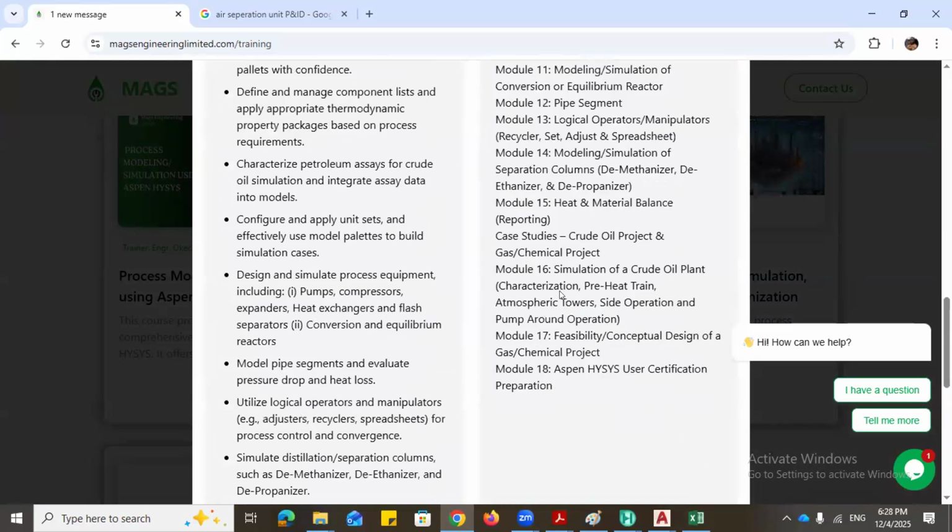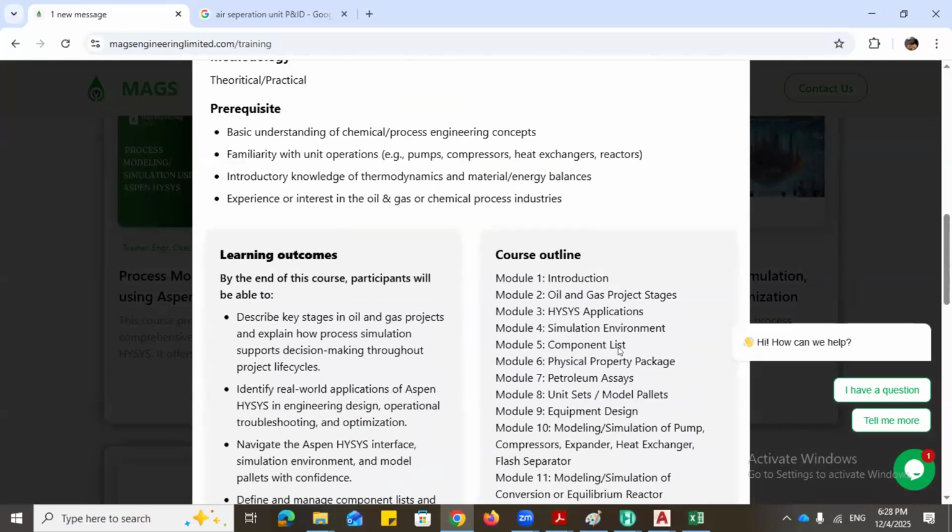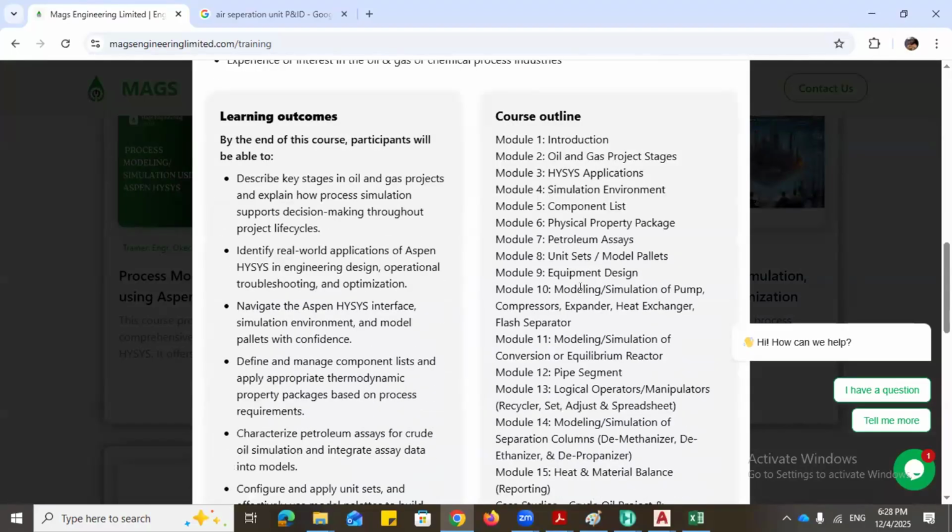They finish the stages, application, simulation, the components involved, properties, and petroleum assay, which is the crude oil. Because in Nigeria now, I don't know if you have heard this update, in the UK they did some oil well auctioning.